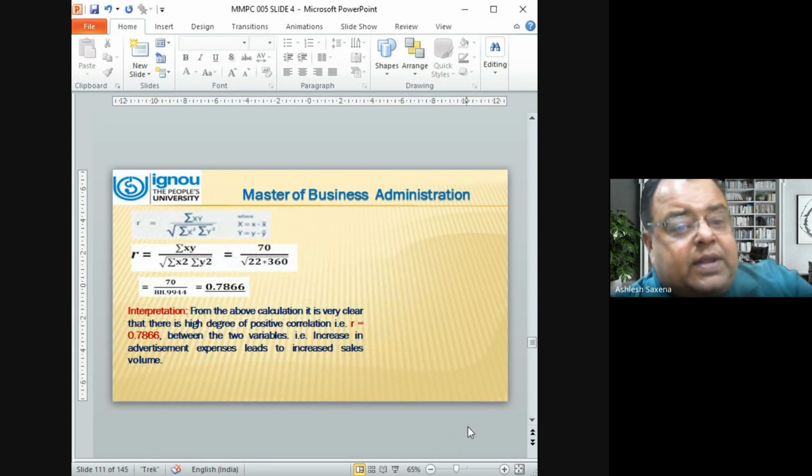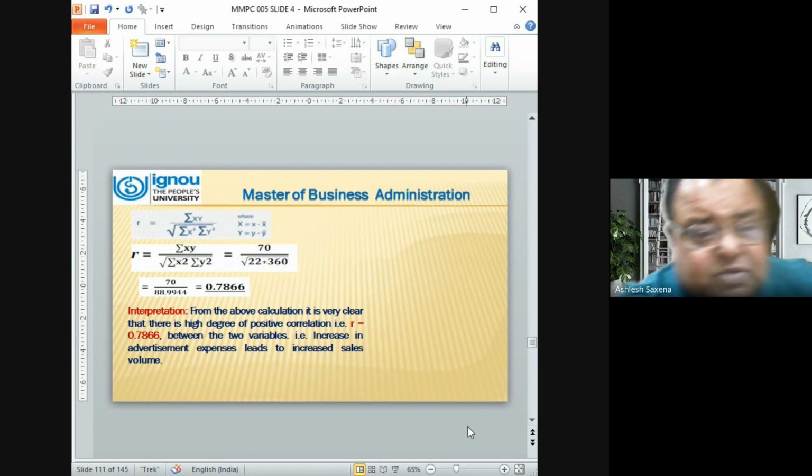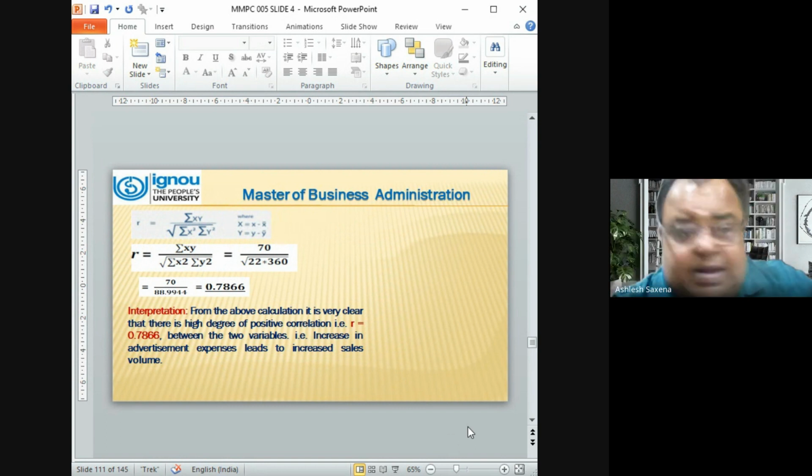So we will be using this relation: summation xy upon the square root of summation x square times summation y square, where small x is equal to X minus X bar, and small y is equal to Y minus Y bar. You have the value of summation xy as 70, summation x square as 22, and summation y square as 360.